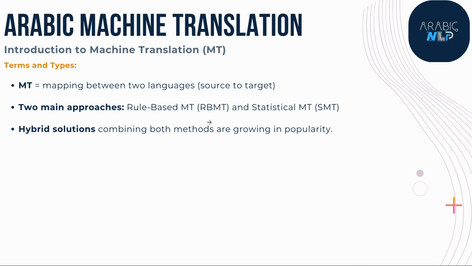And more recent methods use statistical MT, which is known as SMT, which learns the translations from large data sets. Okay, and also we have seen hybrid models that merge these two approaches for better performance.